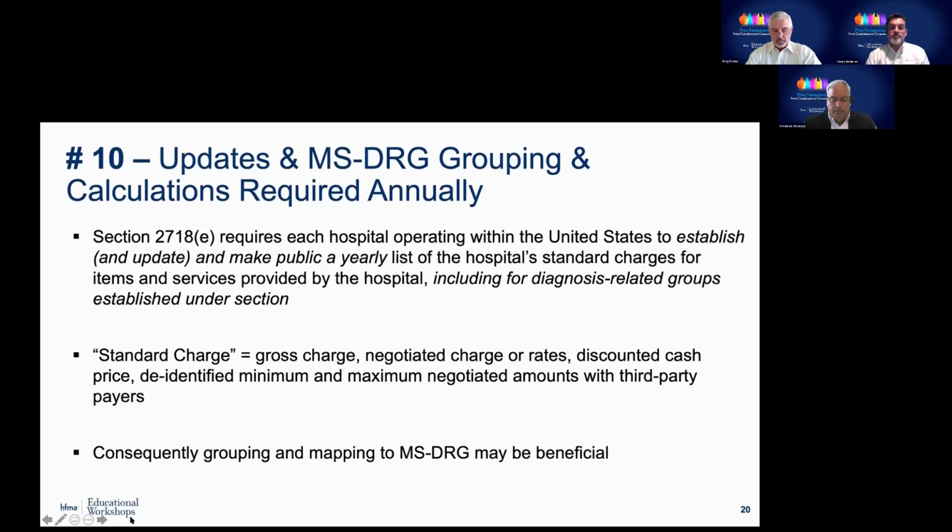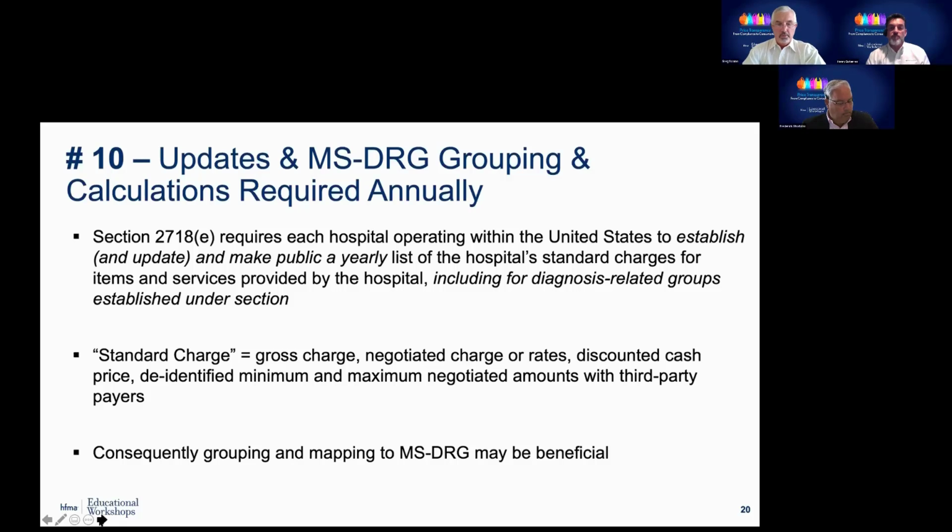For purposes of providing more meaningful de-identified minimum and maximum negotiated allowable amounts to the consumer, and simply to comply with the regulations, providers may need to group or crosswalk their historical claims, negotiated rate, and gross charge data to an MSDRG each year, regardless of what the payment methodology may be for that particular payer.